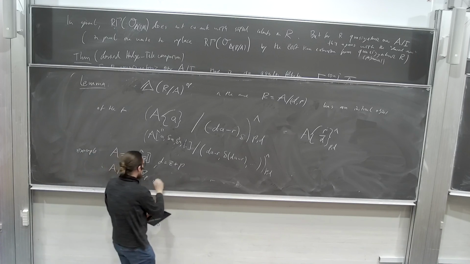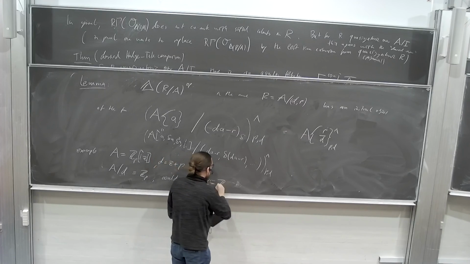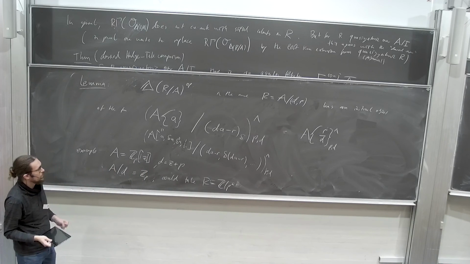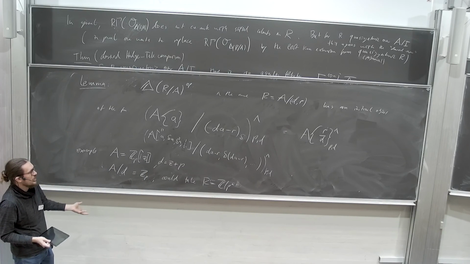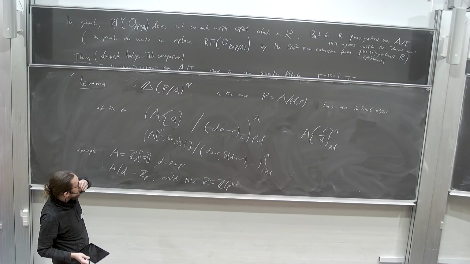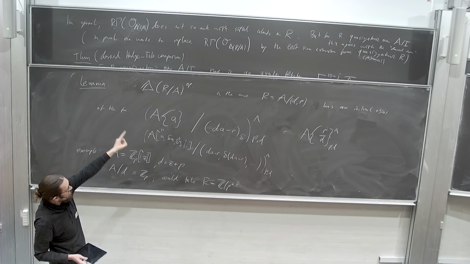And so we could take R equals p^n, right? That's a regular quotient of this A mod D. So that's an example where this applies. And so we get in this situation where we're a regular quotient.